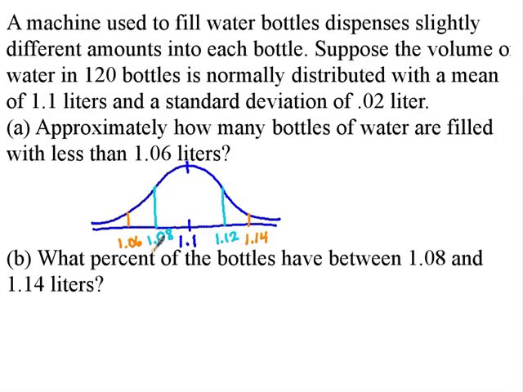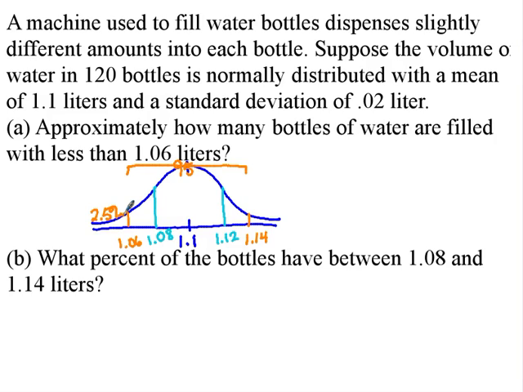Okay, let's think about that. Orange to orange is how many percent? 95%, right? So what percent is outside of that? 5% is outside, right? So how much is to the left here? 2.5%. The 2.35 is 3 standard deviations. So if you would go one more beyond, you would go to 1.04 and 1.16.